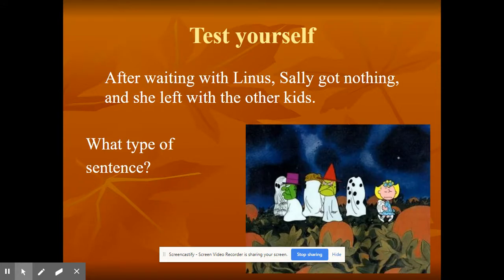The next one says, after waiting with Linus, Sally got nothing, and she left with the other kids. Again, it starts with a dependent clause, and then we're combining two independent clauses with it. So this sentence is a compound complex sentence.